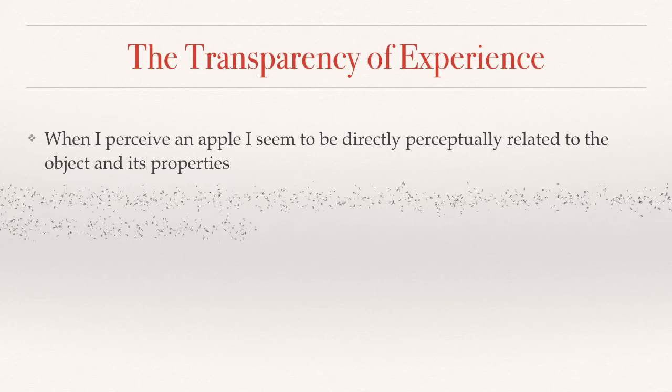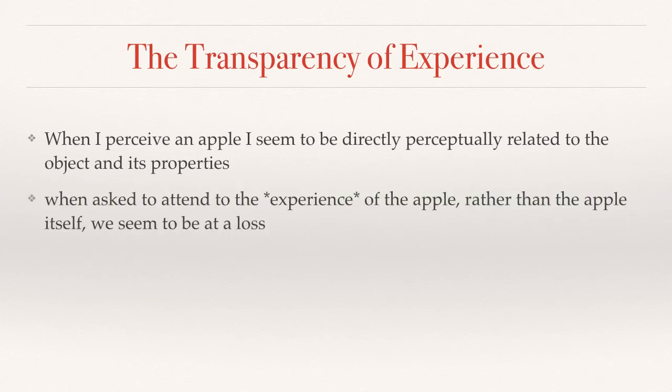Now, if someone said, okay, so there's the apple and you see that it's red, where's the experience of the apple and it being red? Well, if you're looking at the apple and you say, okay, so here's an apple, where's the experience of the apple? It's hard to do much more than simply point at the apple, the thing.